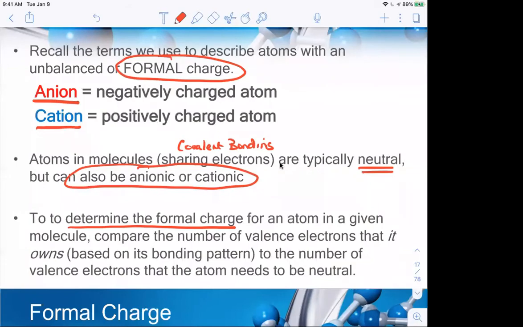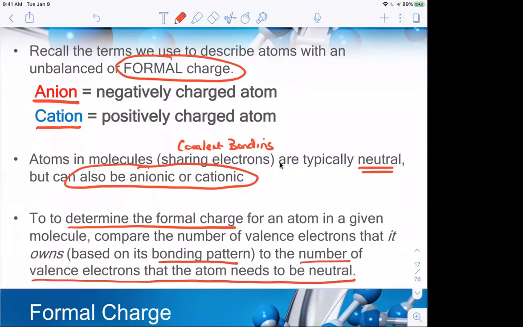To do this, we look at the number of valence electrons that atom is supposed to have based on the bonding pattern and the position in the periodic table. And then we're going to compare that number to the number of valence electrons that atom needs to be neutral. Okay, so actually I stated that backwards. I sincerely apologize.